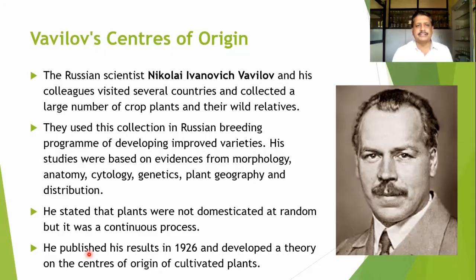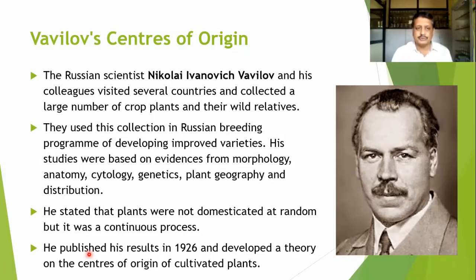They used this collection in the Russian breeding program and developed improved varieties out of that. His studies are based on the evidences from the morphological, anatomical, cytological, and genetical aspects and plant geographical distribution of the plant. And on those parameters, he has given such locations.